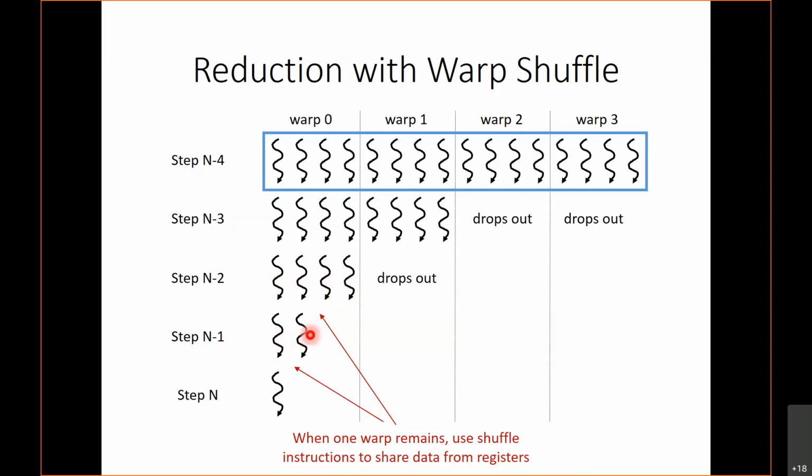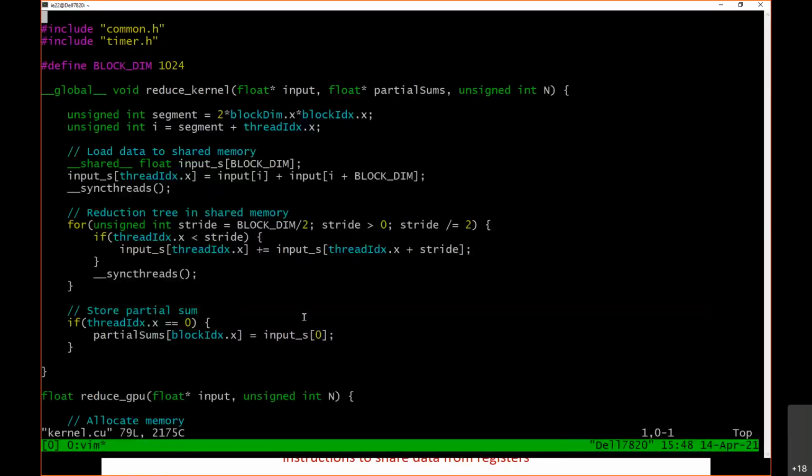Okay, so let's go see how to implement this. I'm going to switch to the code over here. This is the code that we wrote previously for the reduce kernel. Each thread took a segment twice as large as the number of threads it had, and each thread was performing a reduction. So we started by loading the 2 halves of the input segment, adding them and putting them in shared memory. And then we continued by going from stride equal to block dim over 2 until the stride is 1, so greater than 0.